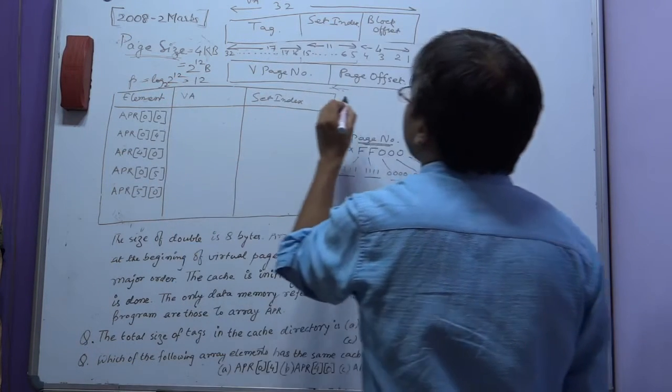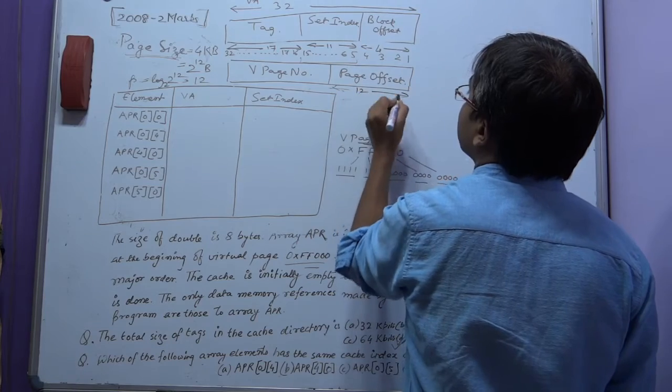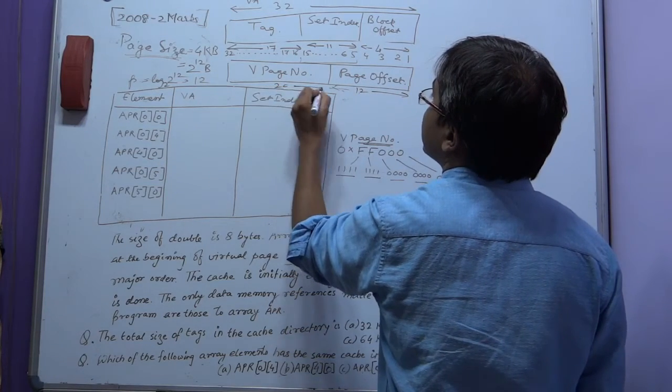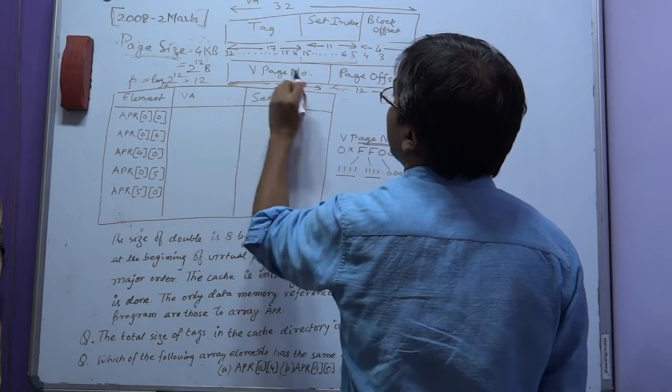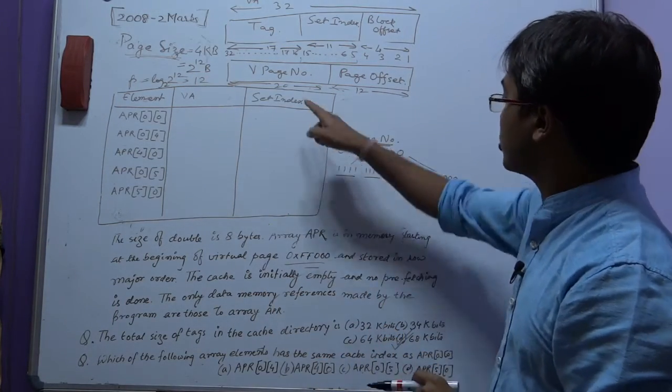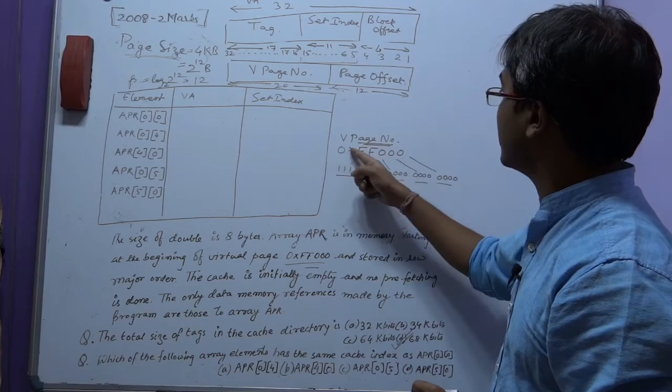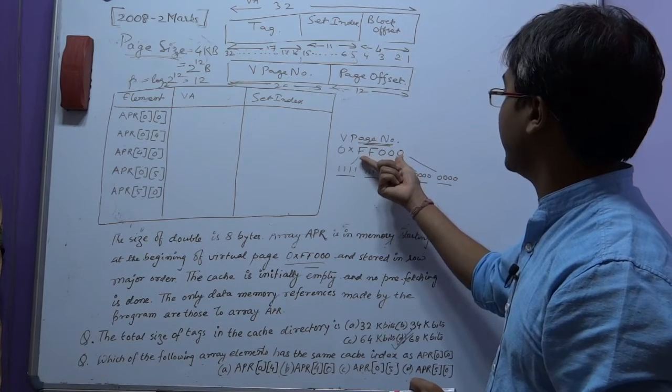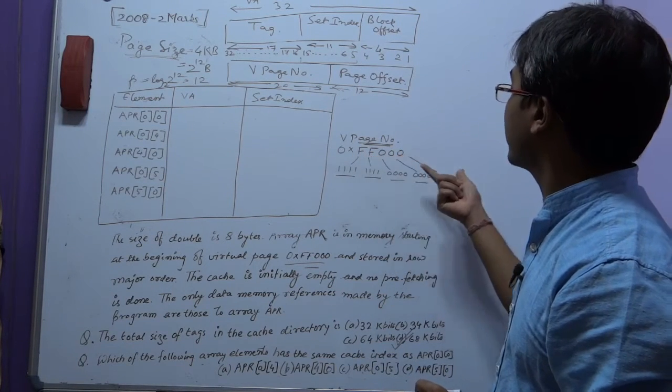So 12 bits are required for page offset, and the remaining 20 bits is the virtual page number size. So this is indeed the virtual page number which is given, and this is 20 bits wide.